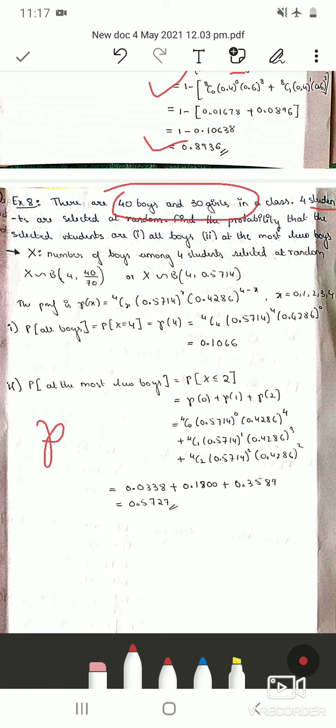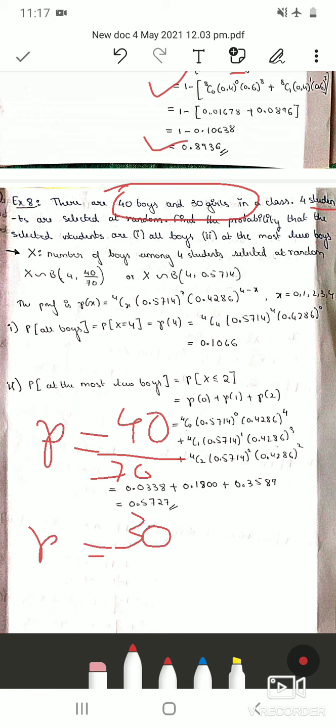So here small p for boys will be 40 divided by the total strength. Total strength is 40 plus 30, which is 70. If x was related to girls, then it would be 30 divided by 70.